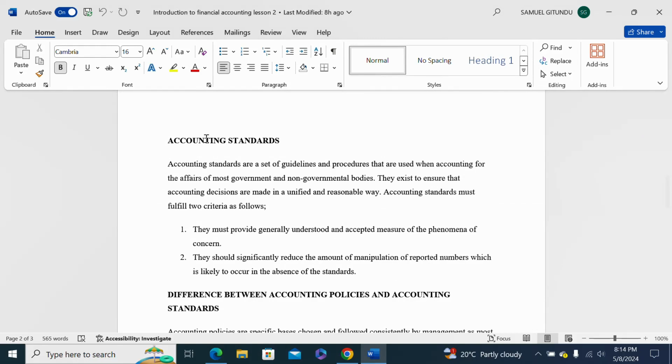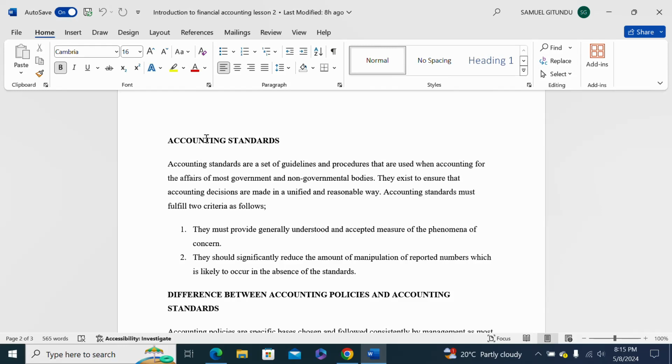So accounting standards are a set of guidelines and procedures that are used when accounting for the affairs of government. When we talk about government, we are talking about public sectors, public institutions. These are public organizations, those which are run by the government. They can be the national government or local government or county government.